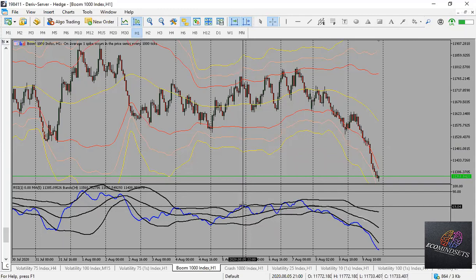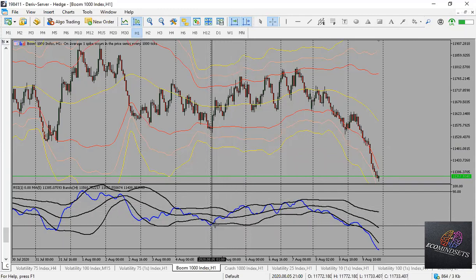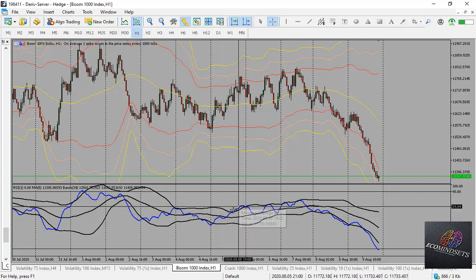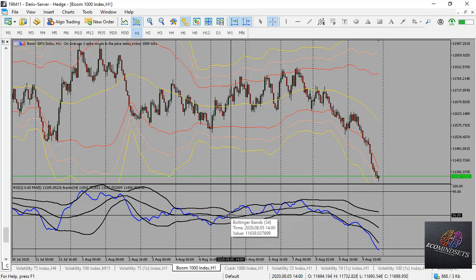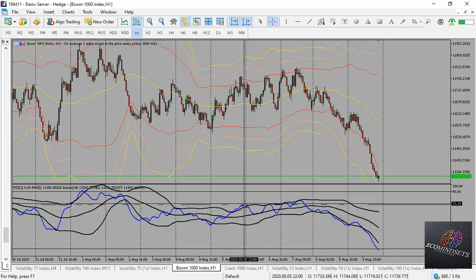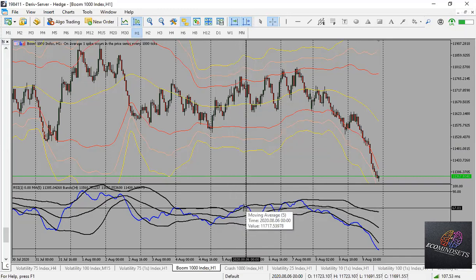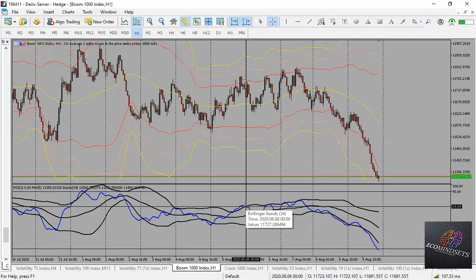So the echo strategy is saying that you see the 5 moving average, it should break out of this Bollinger Band. When it breaks out of the Bollinger Band, it should now break in again and be moving. If we are coming to sell, it should be moving downward.